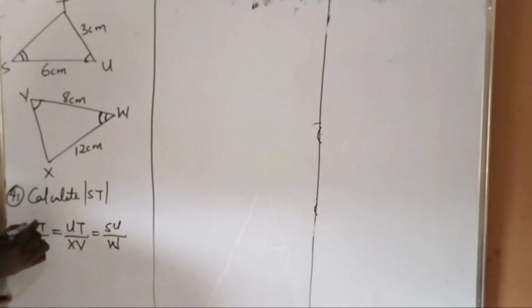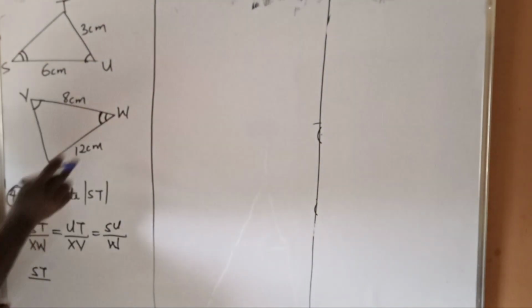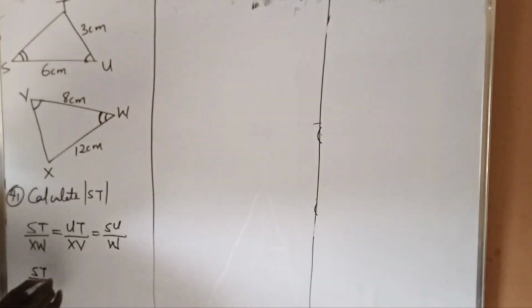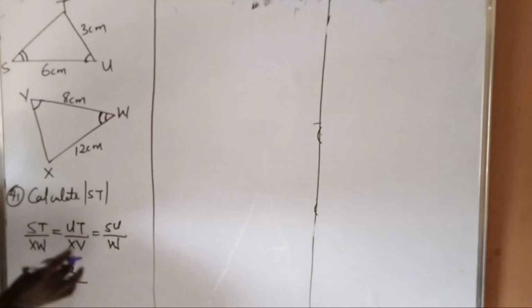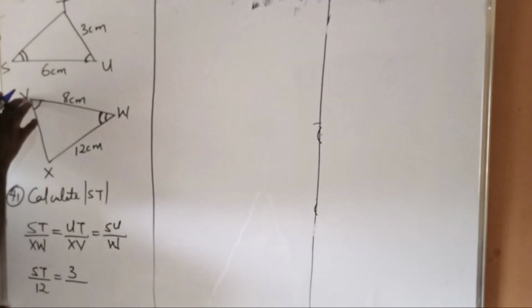So the next thing, let's put in the values. ST, that is what we're looking for here. XW is 12, and UT is 3. XV, which we don't know.